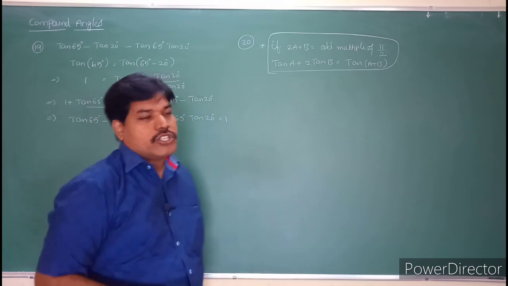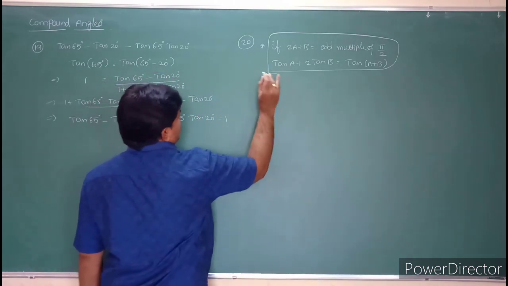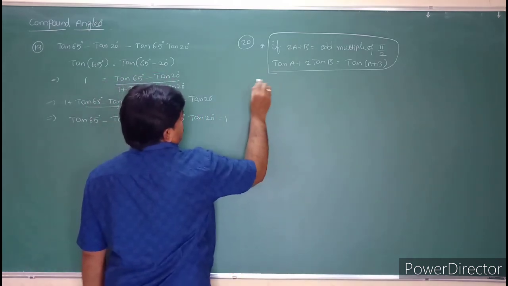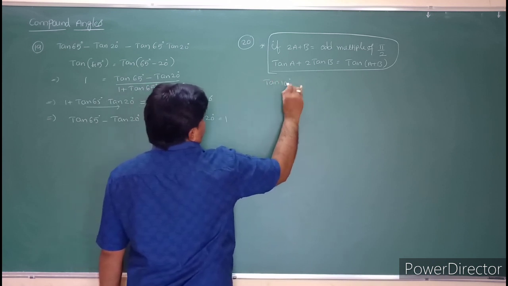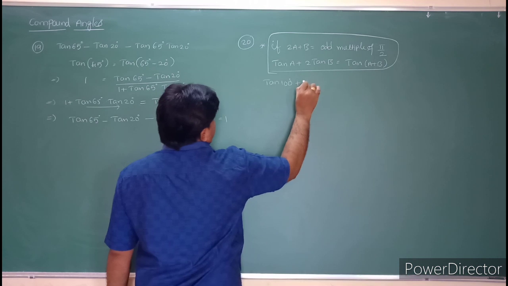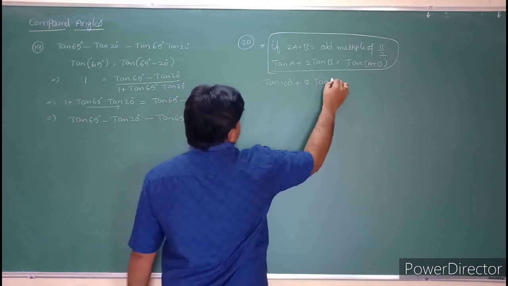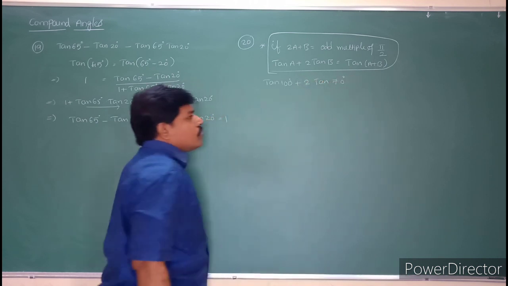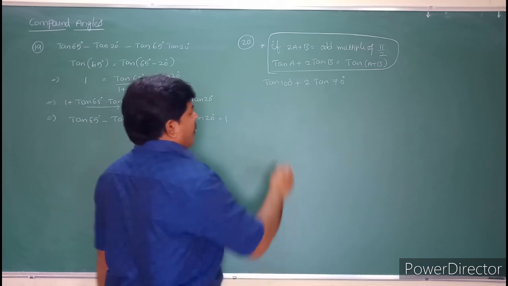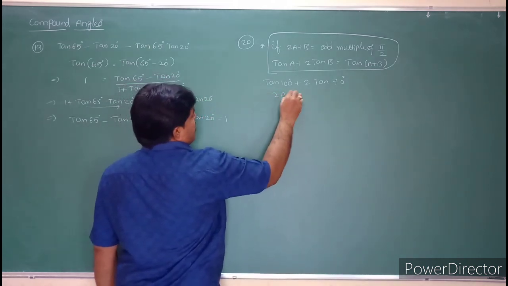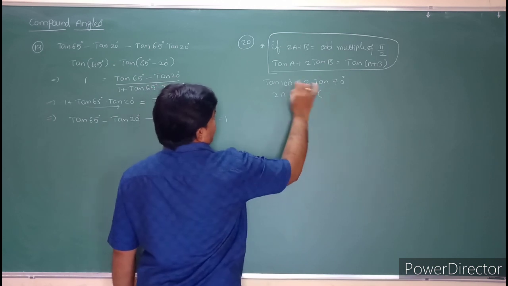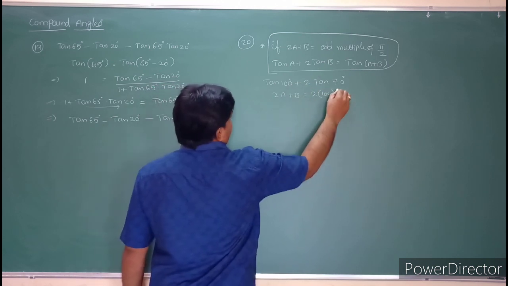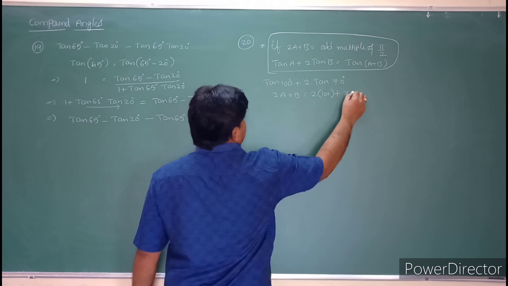So see the next question. What is the condition? They are asking tan 100 plus 2 tan 70 degrees. Here 2a plus b: 2 into a value is 100 plus b value is 70 degrees.